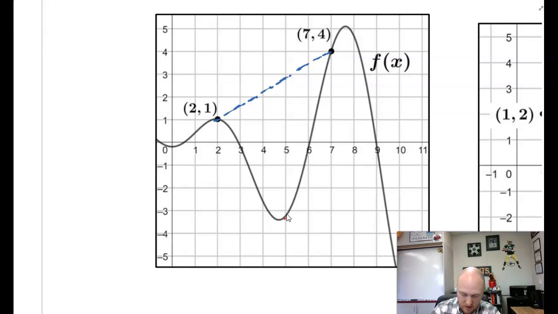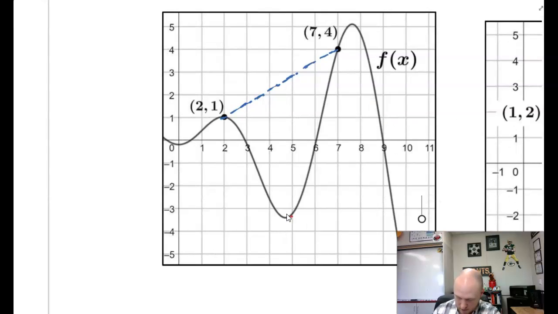That would give us a similar slope. Let's see if I can draw this. Right there. Okay. So there's a point where we do have it. Yes. I'm going to put a big yes right there.